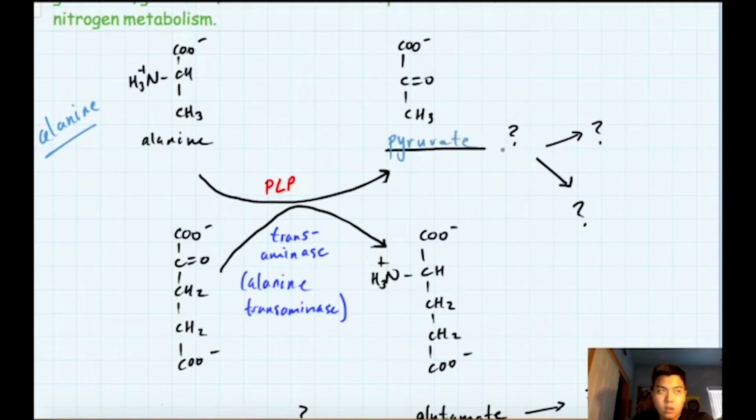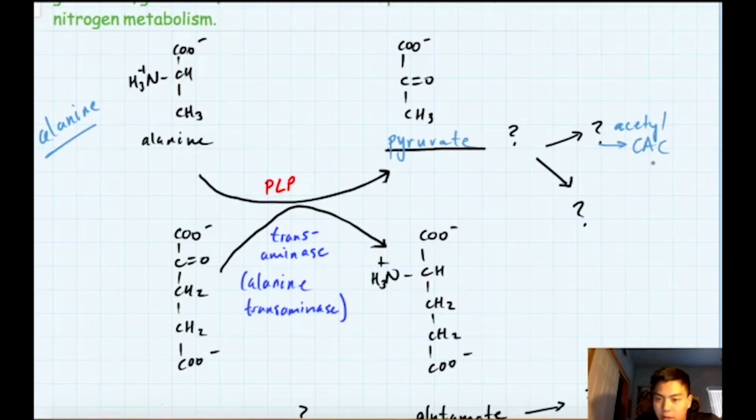From glycolysis and the Krebs cycle, right? And why is pyruvate important? Well, it can become acetyl-CoA, and it can enter the Krebs cycle, right? And once it does that, it can be used to make energy, make redox currency that can be used in the electron transport chain, right?